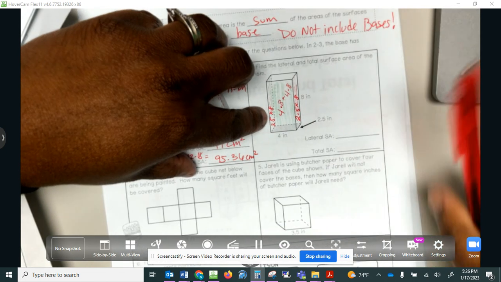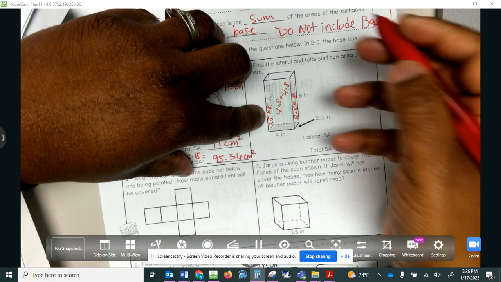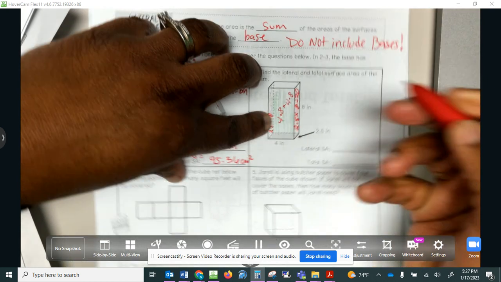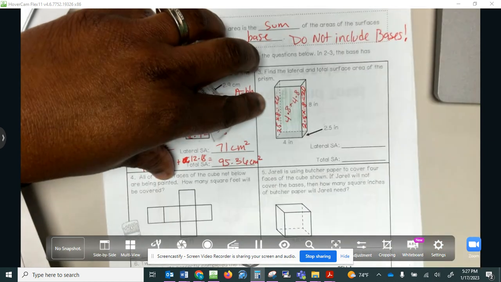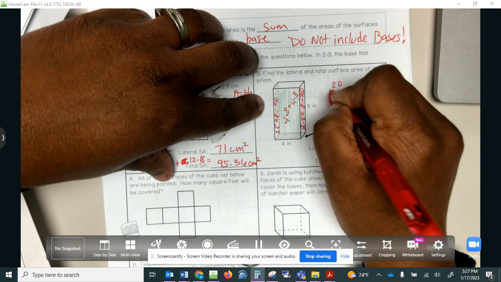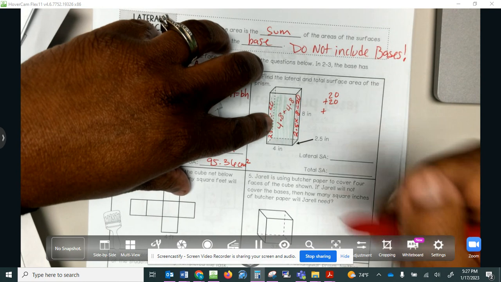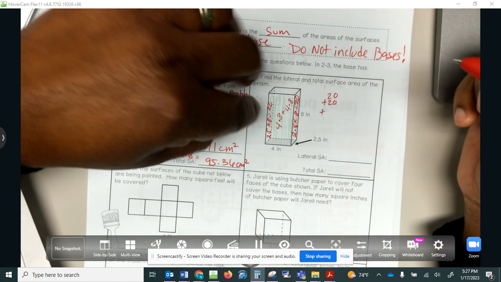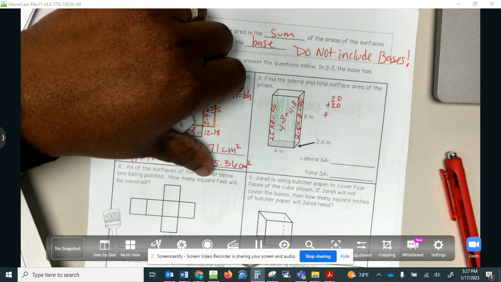So 2.5 times 8 is 20. So right here, 2.5 times 8, that's 20. So right here, I'm going to keep track of what sides I got. I got 20 and 20. So that's 20 plus 20 plus, and now I need 4 times 8. For some reason, I feel like I don't know what that is, but I believe it's 32.